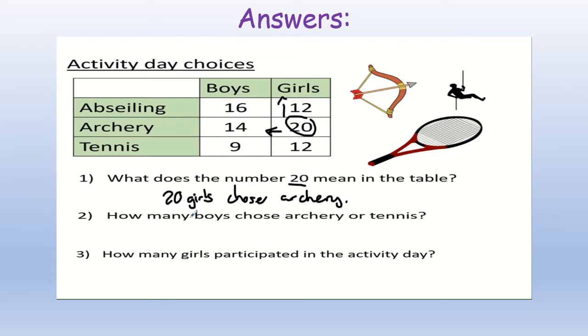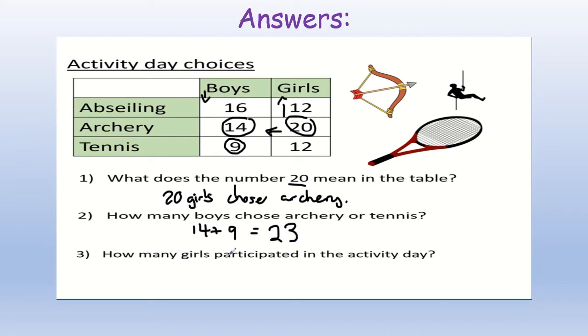Question 2. How many boys, so we're looking at this row now, chose archery or tennis? We had 14 choose archery and we had 9 choose tennis. So 14 add 9 gives us 23.